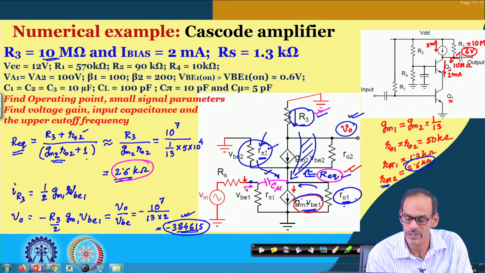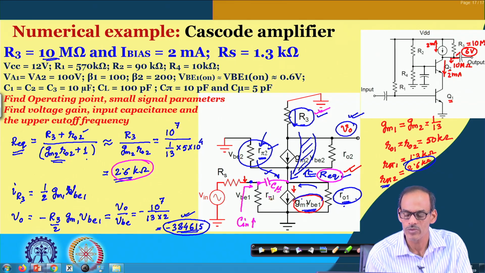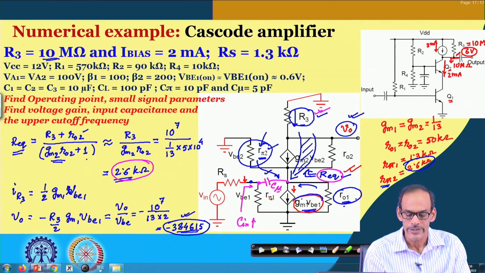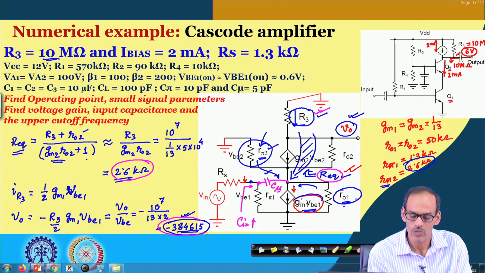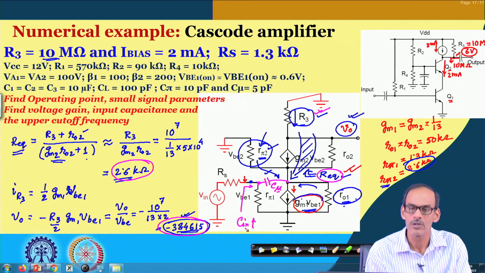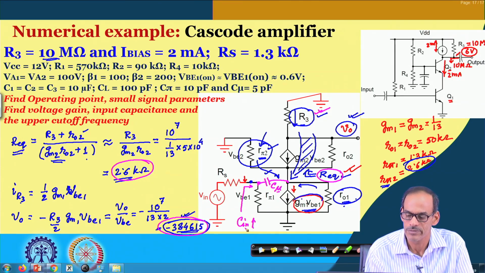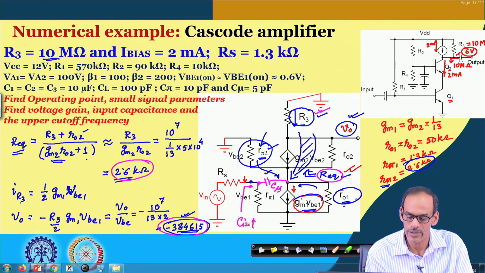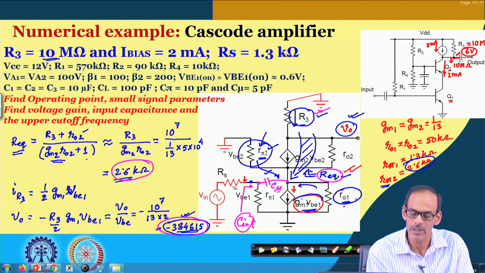The corresponding C in got increased, because the Miller factor of the C mu got increased. So, yes, we got the advantage, but we need to really calculate whether we made some significant amount of damage on the upper cutoff frequency defined by the input capacitance C in and RS and Rin.